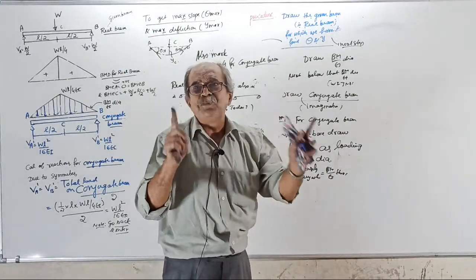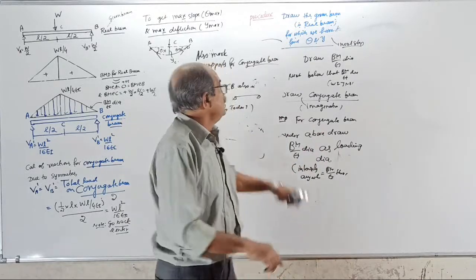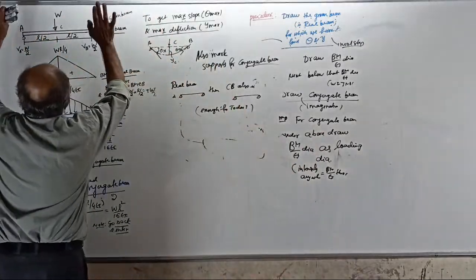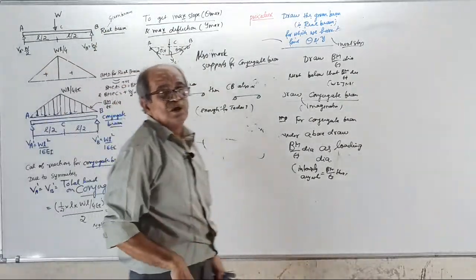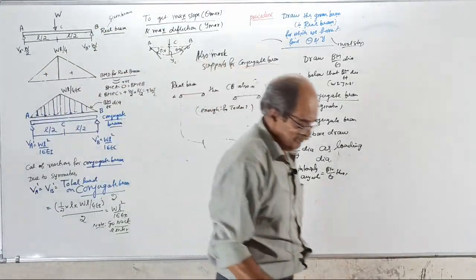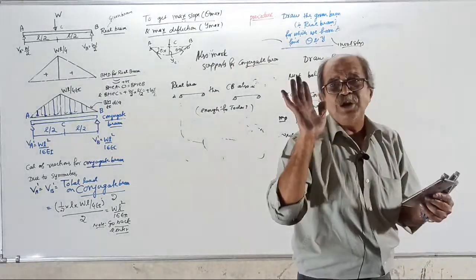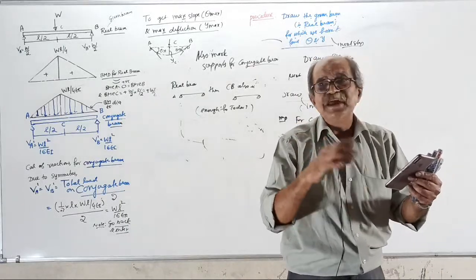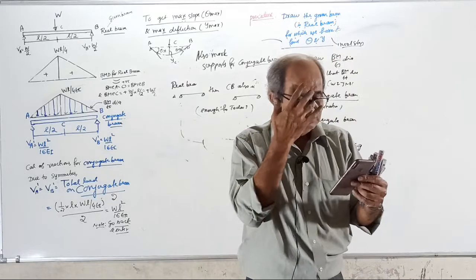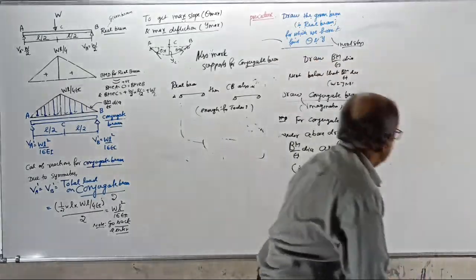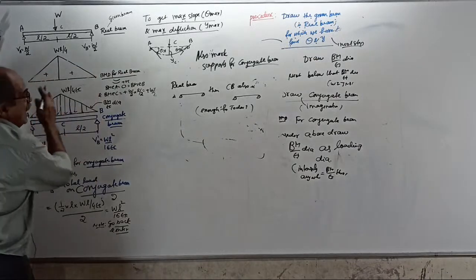So for a simply supported beam, there is no change of support. Enough for today. Next class I will tell the list of how the support changes. Today no time. Okay, now mark the support. See, I mark the support for the conjugate beam.